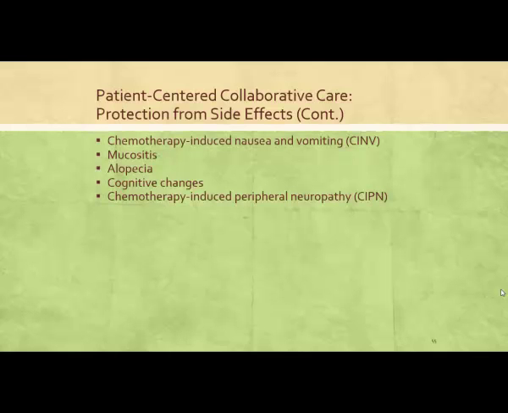With cognitive changes and chemotherapy-induced peripheral neuropathies, the cognitive changes can be related to the so-called chemo brain or chemo fog. Chemotherapy drugs typically don't cross the blood-brain barrier, but they do induce inflammation and some biochemical changes. So it's important to take those thoughts and concerns to heart and really support your patient.